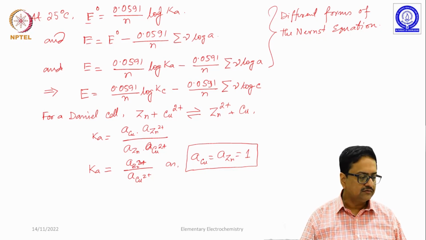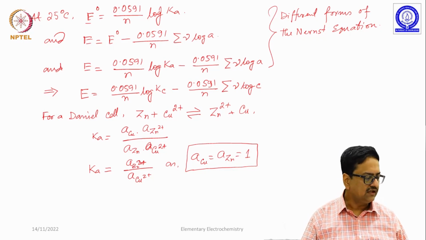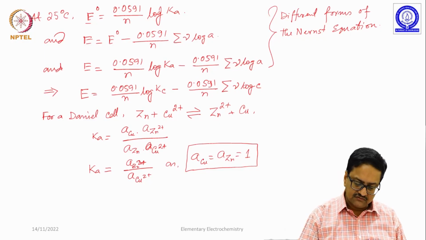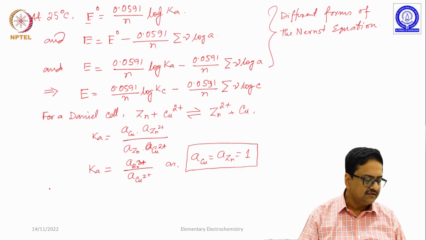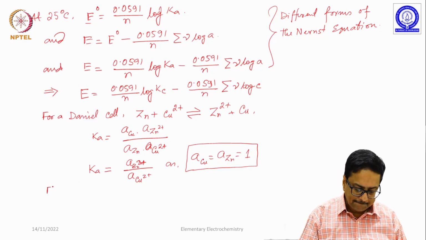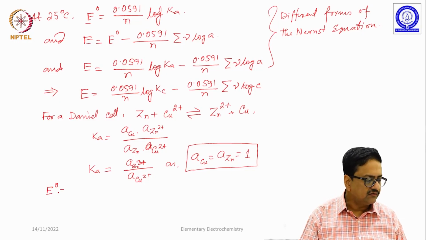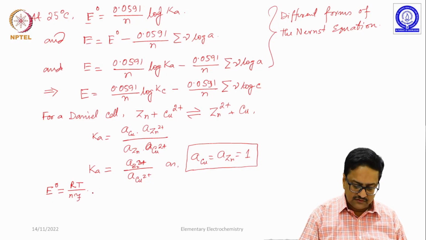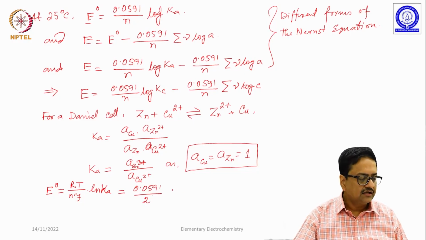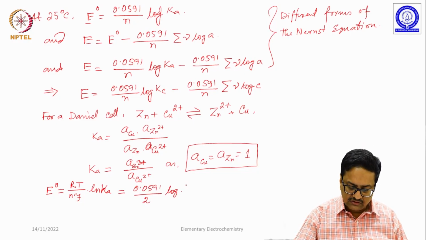So now if you try to calculate the corresponding E0 value for this cell, one can write E0 equal to RT by nF ln Ka, equal to 0.0591 by 2, that is the charge of the cation, log Ka.